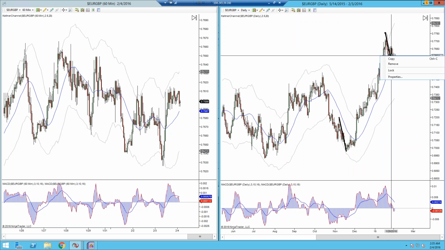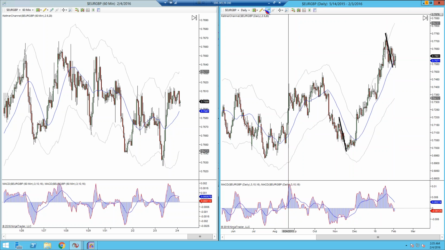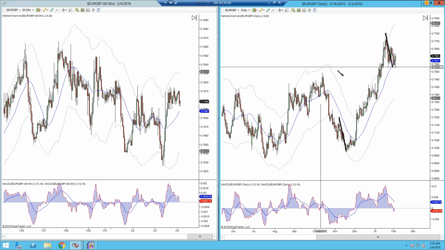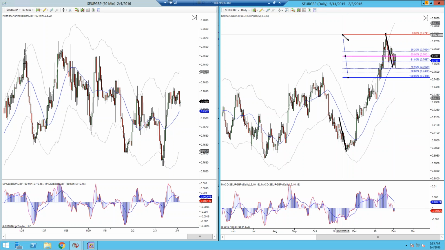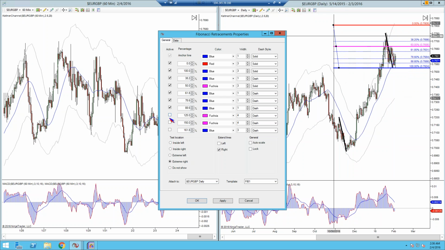Sometimes I'll add some Fibonacci to it. Let me show you a few things. Here's how I like to have my Fibonacci look. I could do this also: 113, 127.2, and 1.618.